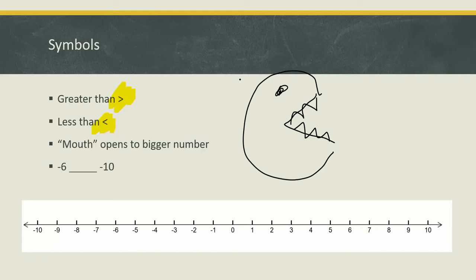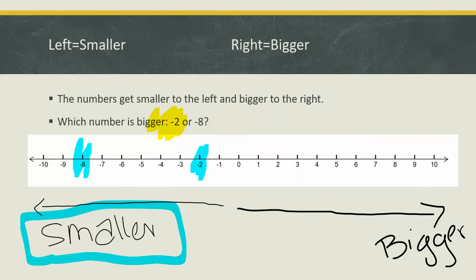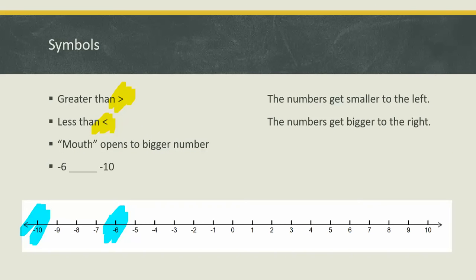So let's compare negative 6 and negative 10. Start by finding those numbers on our number line. In the last problem, we learned that the numbers get smaller to the left and the numbers get bigger to the right.